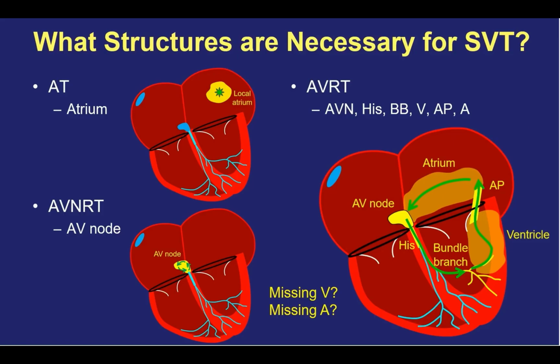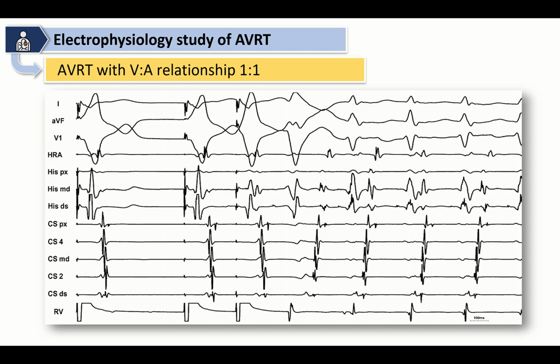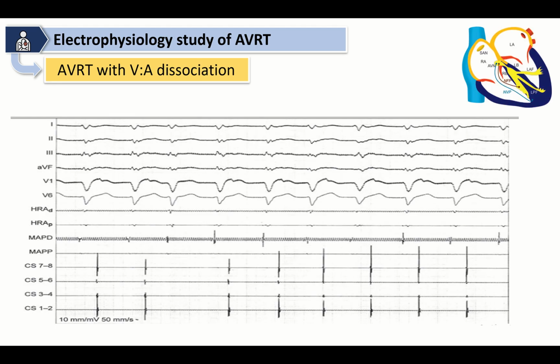The AVRT circuit includes the ventricle, so VA dissociation is extremely uncommon because it is one-to-one conduction. Dissociation is impossible. And here we induce the AVRT by ventricular pacing. We can appreciate on the right side AVRT using left lateral accessory pathway. Conduction is one-to-one. This is the golden rule in all AVRT.